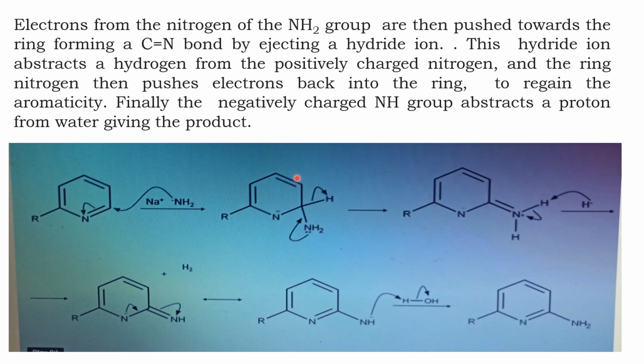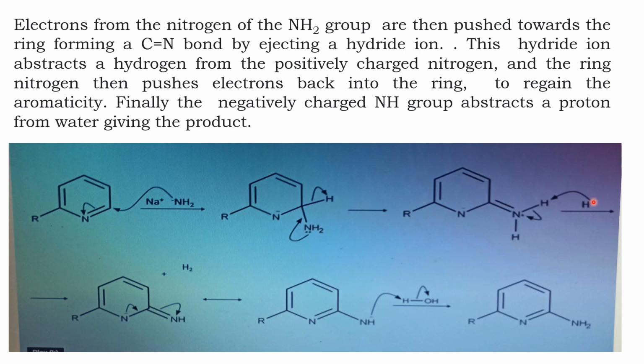So a Meisenheimer complex is formed here, and the lone pair of electrons present in the NH2 group enters between the carbon nitrogen bond, eliminating H minus ion, a hydride ion. This hydride ion again abstracts H plus from the NH2 group.